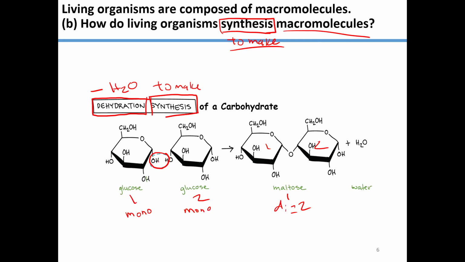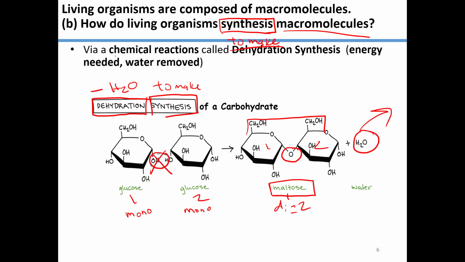We have 2 H's and 1 O, so that's going to give us H2O. That is going to be removed. And now we have that oxygen binding back together, bringing these two together and removing that water from that equation.